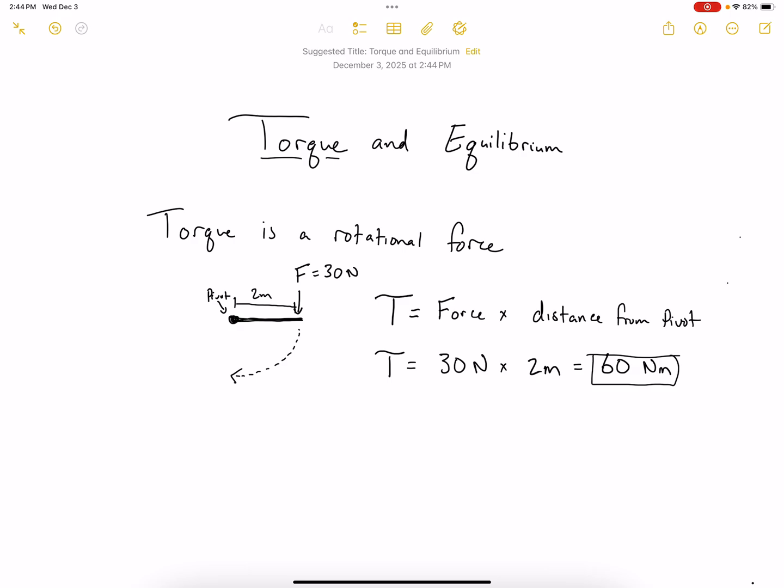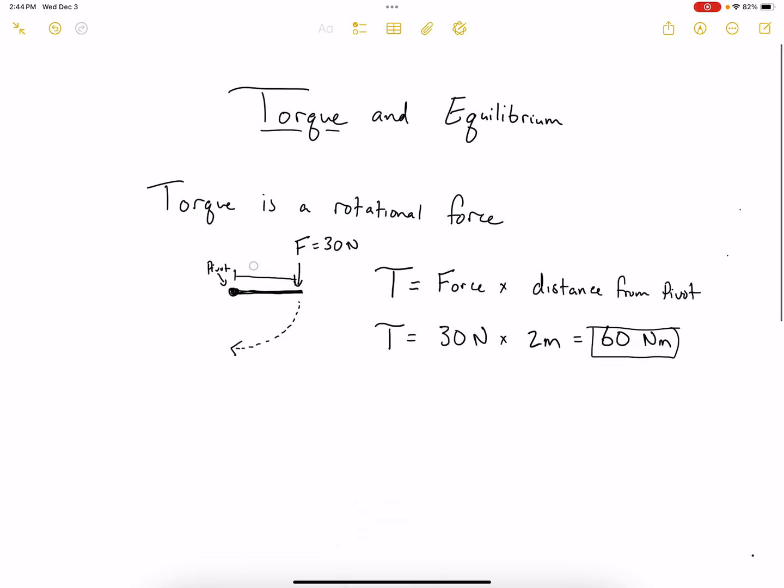If I take this force and instead of applying it at 2 meters away, let's say I move it to 1 meter away, and I still use the same amount of force, 30 newtons. So here's my 30 newton force. It is at 1 meter away from the pivot. Okay, I've cut my distance in half.